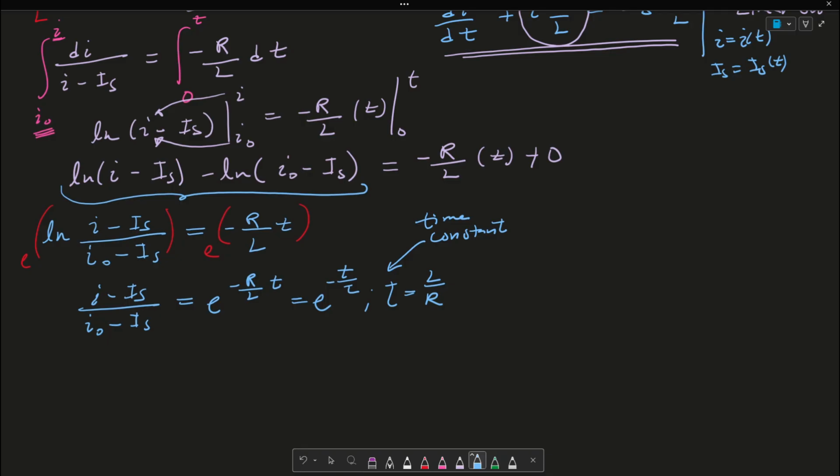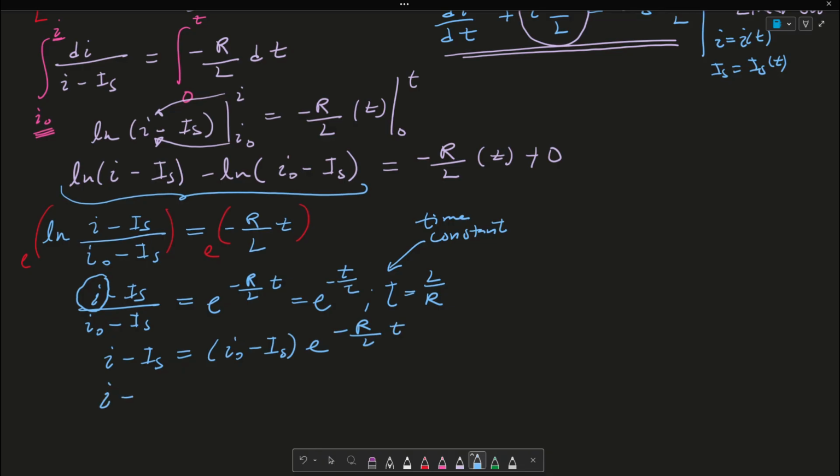So then let's go ahead, and what we want to do is solve for this I, right? I of t, that was the goal. So then we can multiply I0 minus is on both sides. So then we're left with I minus is is equated to (I0 minus is) e to the minus R over L t.